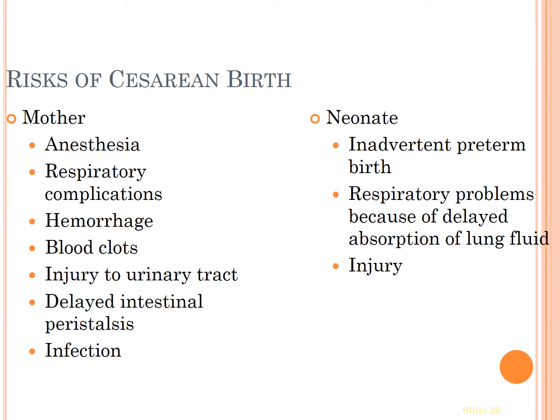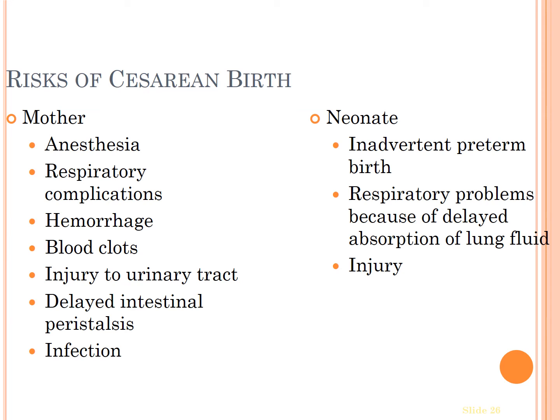Respiratory problems because of delayed absorption of lung fluid. What happens with a vaginal delivery is that the baby comes through the vagina and that pelvis, and a lot of the fluid that they have swallowed that's in their lungs pushes out. With a cesarean, they don't have that opportunity. And so a lot of times these babies are what we call wet babies.